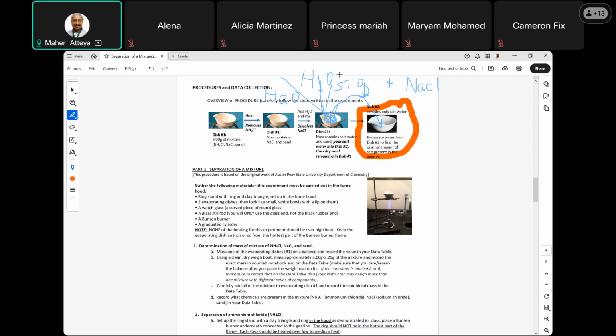Now we can add 2 mils more, stir very well, then move to dish number 2. Okay, guys? Now, let's look here. We have two dishes. This dish here has sodium chloride solution, a colorless solution.